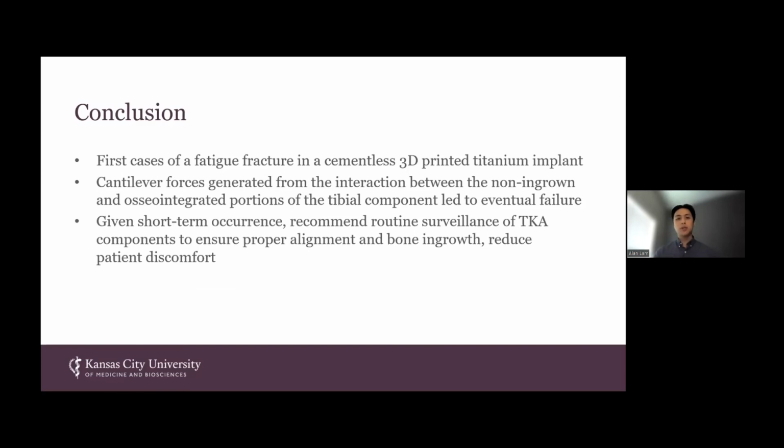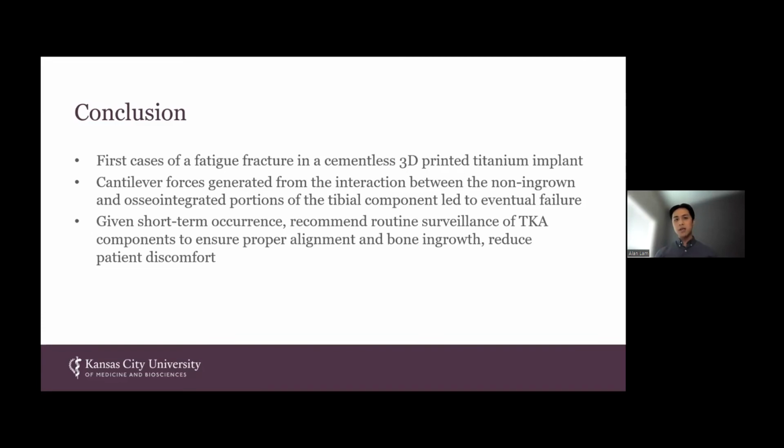Now, to bring it all together in conclusion, we've had the first cases of a fatigue fracture seen in a knee replacement of this design with a cementless, 3D printed, highly porous structure. We've attributed the cause of these fractures to be due to some of the cantilever forces interacting between the non-grown surfaces as well as ingrown surfaces, creating a torsional stress on that component, leading to the eventual failure that occurred short-term.